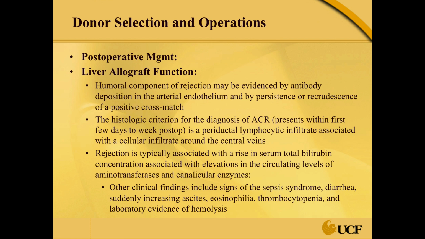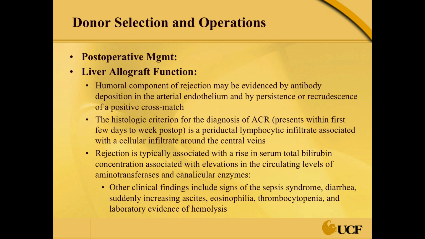The histologic criterion for the diagnosis of ACR presents within the first few days to weeks post-op in a periductal lymphocytic infiltrate associated with a cellular infiltrate around the central veins. And rejection is typically associated with a rise in the serum total bili concentration associated with elevations in the circulating levels of aminotransferases and canalicular enzymes.